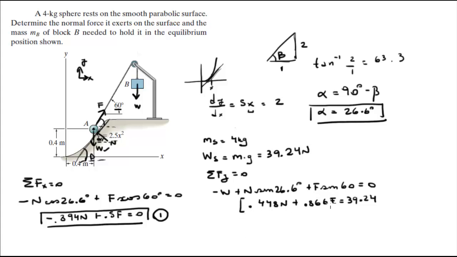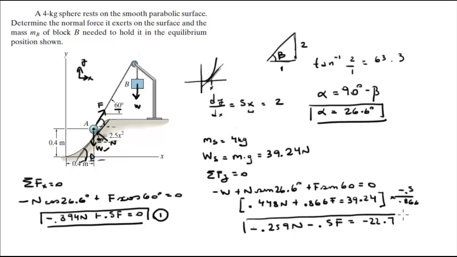I'm going to multiply this whole equation by negative 0.5 and divide it by 0.866. And I'm gonna get this new equation that says negative 0.259 times the normal minus 0.5 times the force is equal to negative 22.7. And I'm gonna call that equation 2.